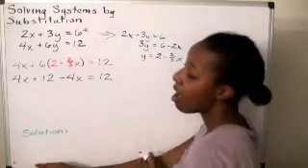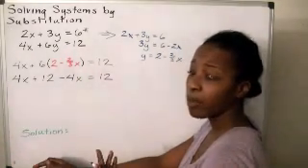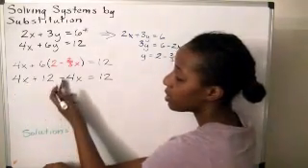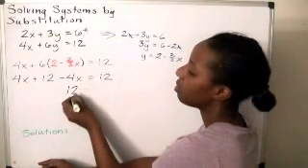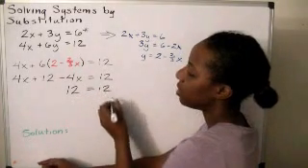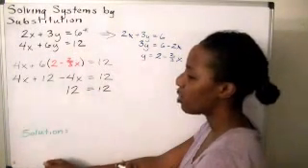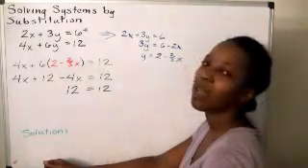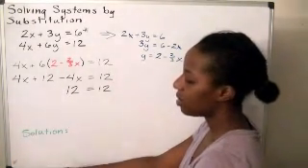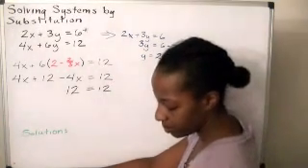Aha. Okay, I'm going to combine my like terms. 4x minus 4x is 0. Uh-oh. And all I'm left with is 12 equals 12. What kind of solution is this? I remember. This is a true statement, right?